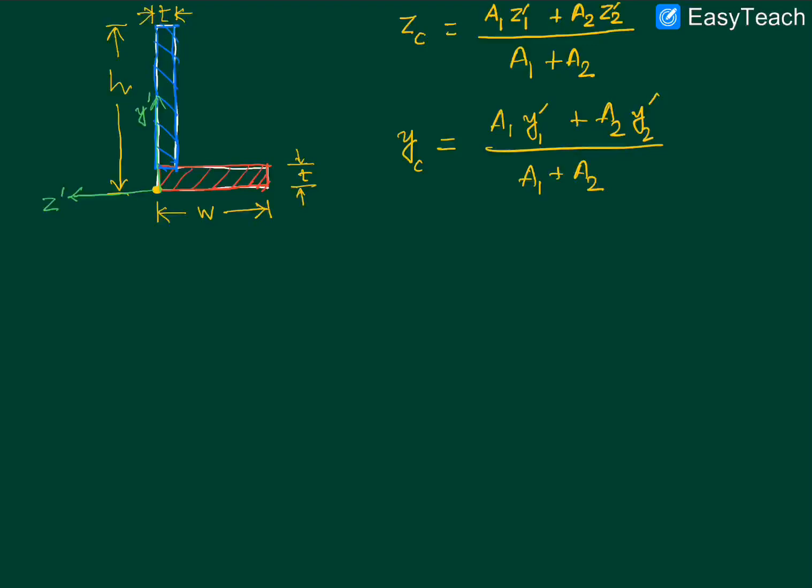But right now we are only concerned with two rectangles making up the current cross section.